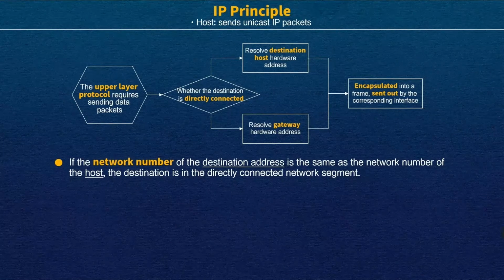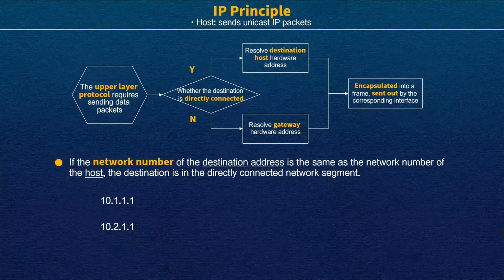So how to check? The key point is that we have to compare the network number. If the network number of the destination address is the same as the host's, that means we are directly connected with the destination IP. Let me give you some examples. Pay attention. We have two addresses, 10.1.1.1 and 10.2.1.1. How do we know whether the network number is the same or not?